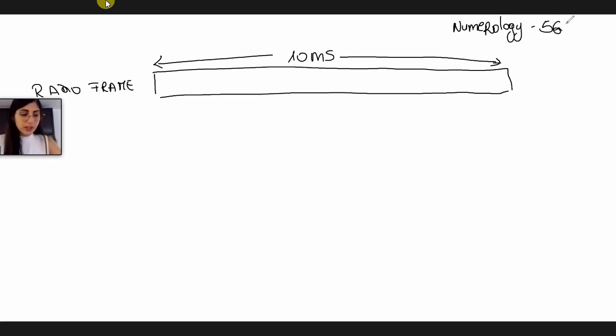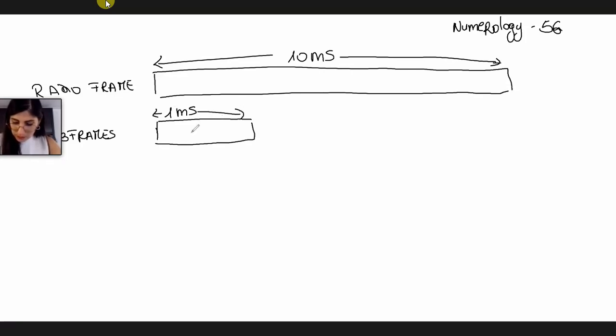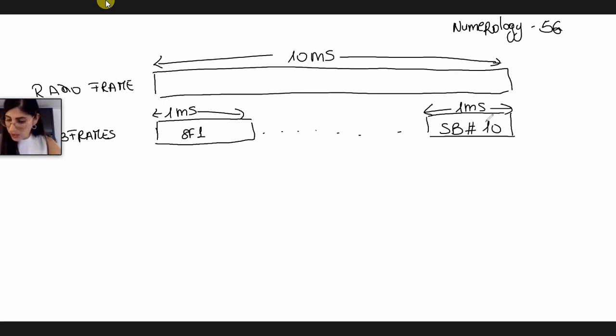Inside one radio frame, we have the subframes. One subframe lasts 1 millisecond. So that means that inside one radio frame, we have 10 subframes, each of them lasting 1 millisecond.